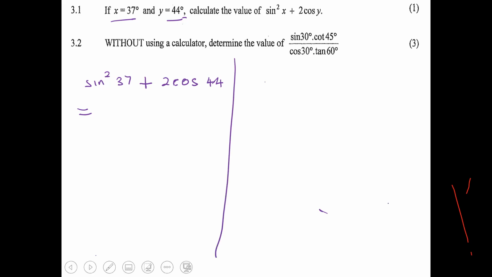So we're going to do this together. Take your calculators out. It says sine 30. What is sine 30 on your calculator? Is it a half? Yes, sir.